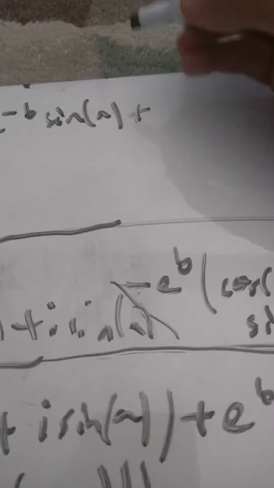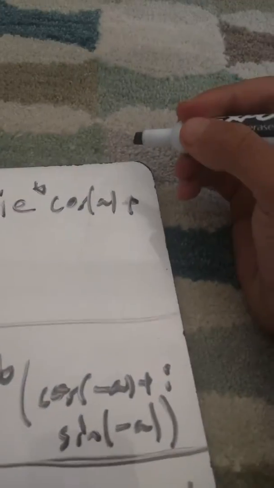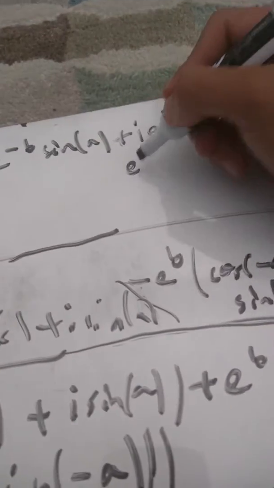Important fact for this. So now we have plus i times e to the b cosine of a, and then sine of negative a is negative sine a, but we also have an i, so we have minus, and then another minus from sine of negative a, and those cancel out, so we have plus e to the b sine a.